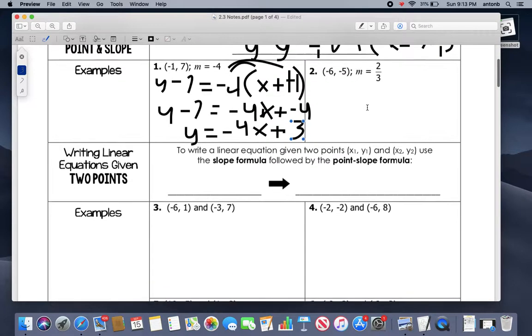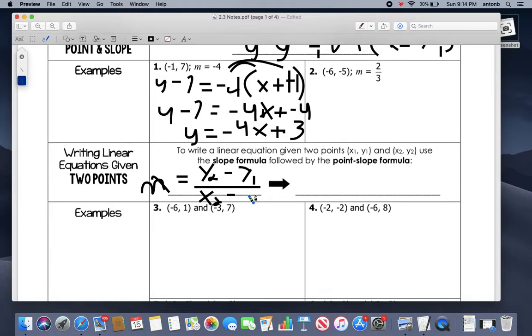All right, now, if you're given 2 points, the first thing you have to do is find the slope, which is m equals y2 minus y1 over x2 minus x1, a formula you've seen before.